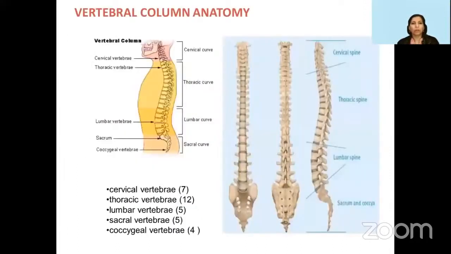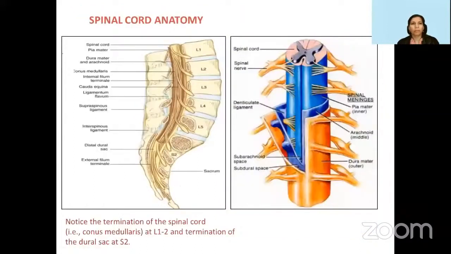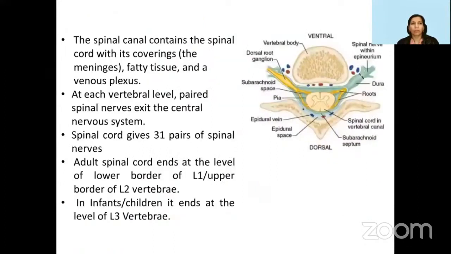On the lateral view of the vertebral column, four curves are seen. Note the thoracic kyphosis and the lumbar lordosis. The spinal cord terminates at the level of L1 in adults, while at the level of L3 in children, while the dural sac terminates at the level of S2.